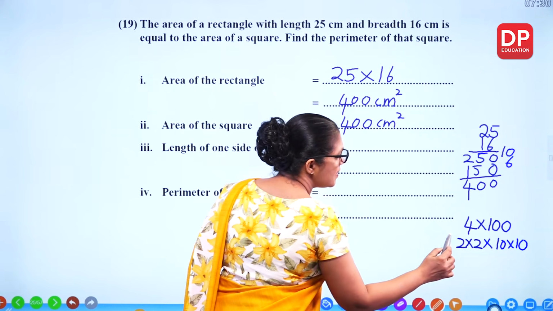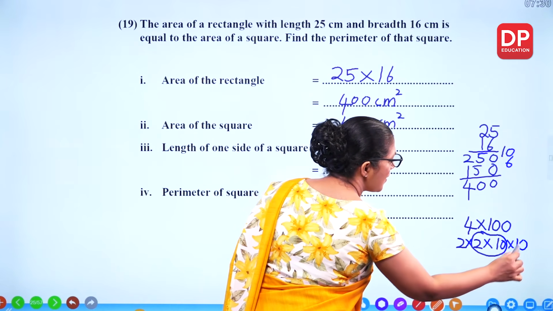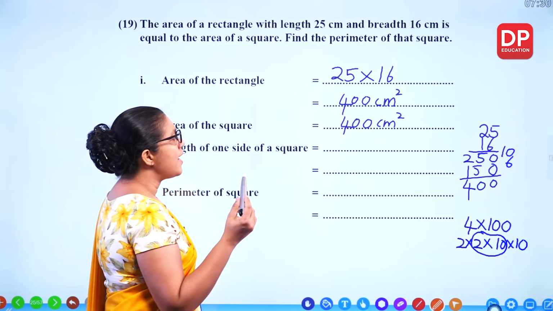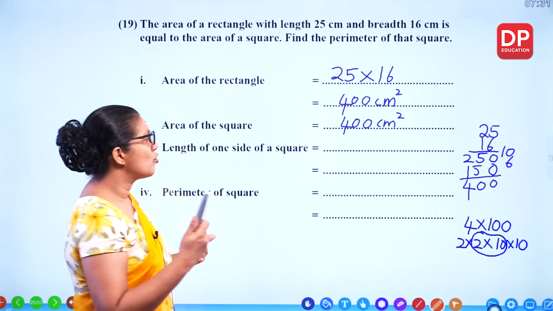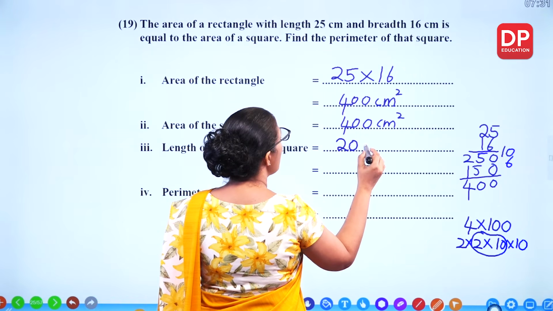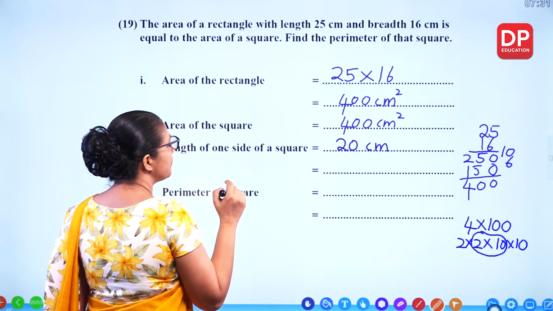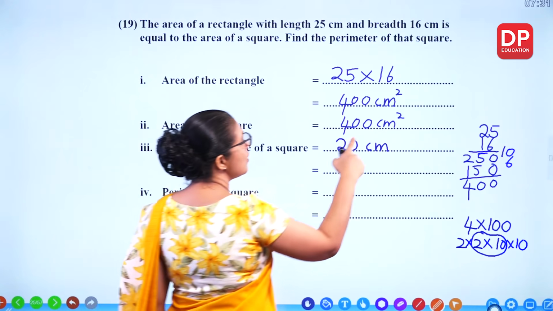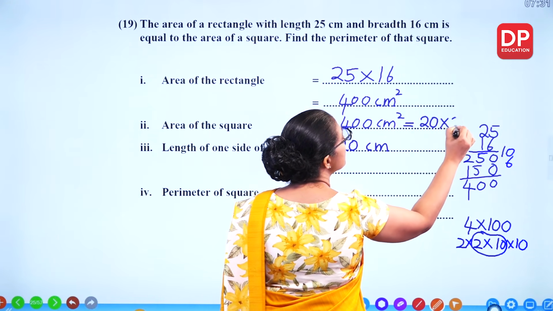Now if I take these separately, 20 times 20. Square means all sides are equal, length into length. So how do you get 400? That's 20 times 20. So the length of one side is 20 centimeters.